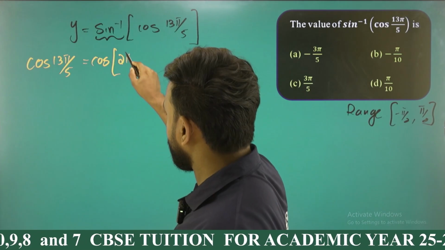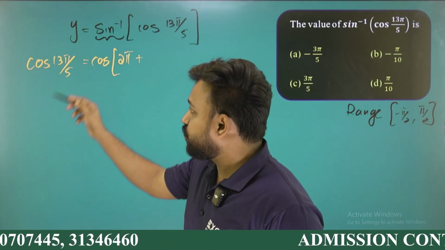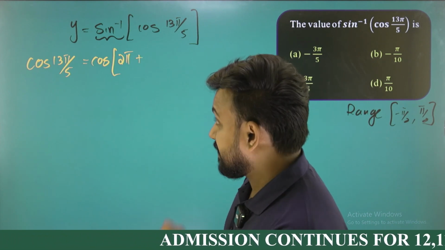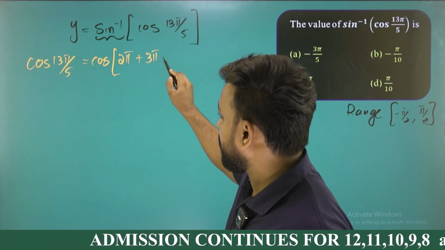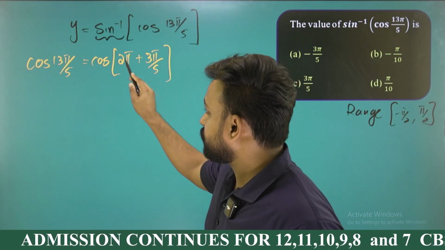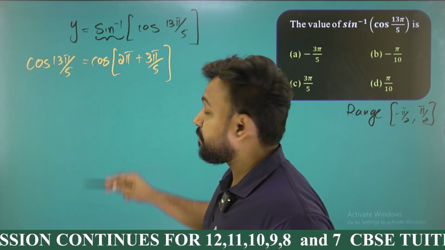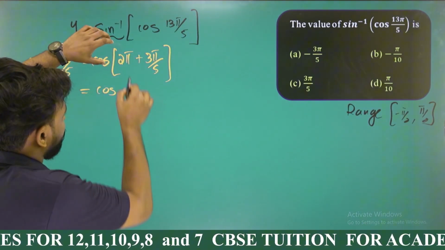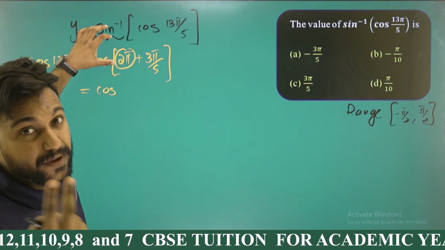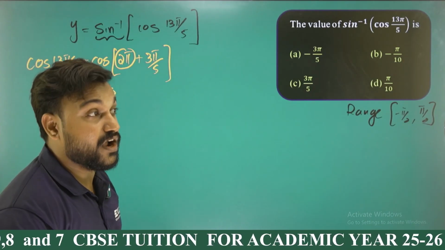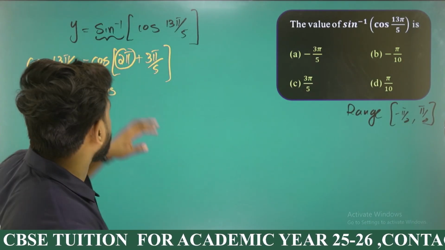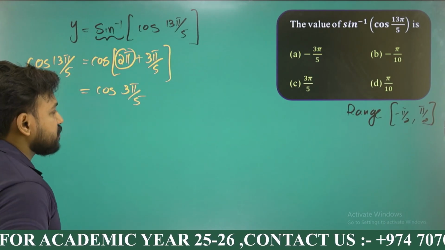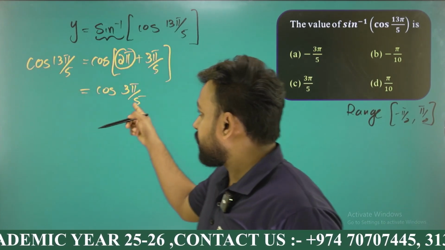So 2 pi plus, since two 5s make 10 but you need 13, you have a remainder of 3, so we write 3 pi by 5. When you cross multiply, 5 into 2 is 10 pi plus 3 pi, that's 13 pi by 5. If there are multiples of 2 pi, like 4 pi, 6 pi, negative 2 pi, negative 100 pi, you can just eliminate them. You will get 3 pi by 5. So instead of cos 13 pi by 5, you can use cos 3 pi by 5.